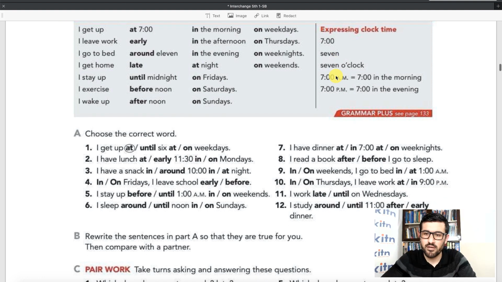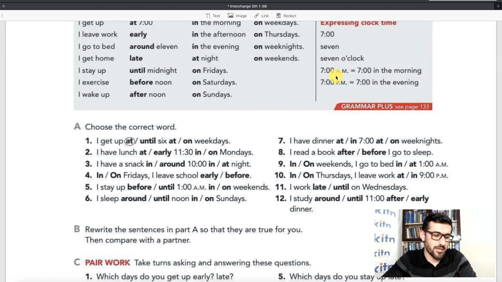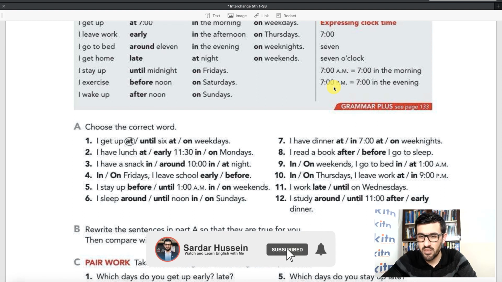But if it's 7 a.m., you don't need to say 7 a.m. in the morning. You either say 7 a.m. or 7 in the morning. If it's 7 p.m., you don't need to say 7 p.m. in the evening. You just simply say 7 p.m. or 7 in the evening, okay? One of these, not both.